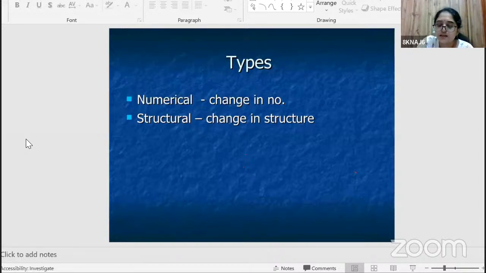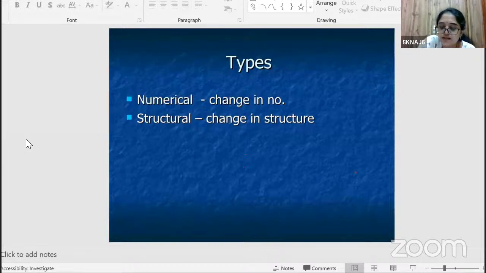The karyotype in single gene disorders is usually normal, except when it is recessive: if both parents are carriers, then the child will definitely inherit the disease. Otherwise they are normal in nature, so 46XX or 46XY is the karyotype that is seen.